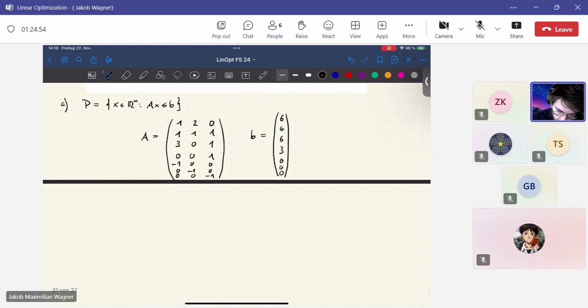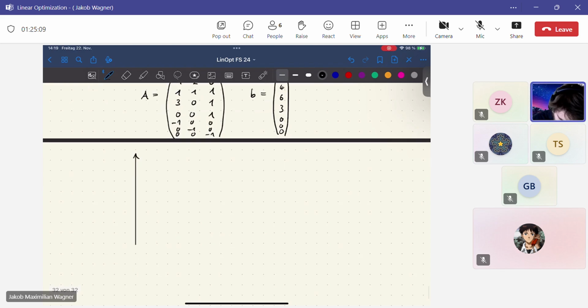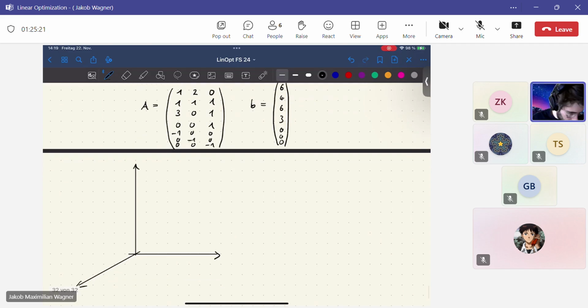So I'll try to sketch it by hand, but then I'm also gonna give a nicely plotted picture so we don't have to work with my ugly drawing. First of all, we know that our set is contained in 3 dimensions. So we need a 3-dimensional coordinate system. So let's label this.